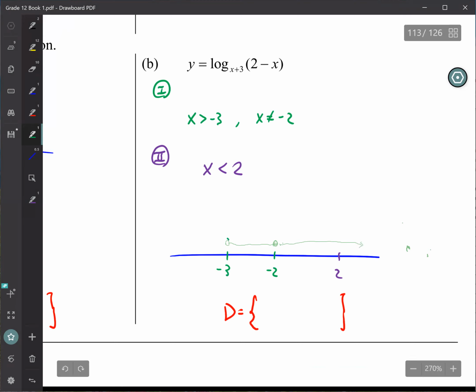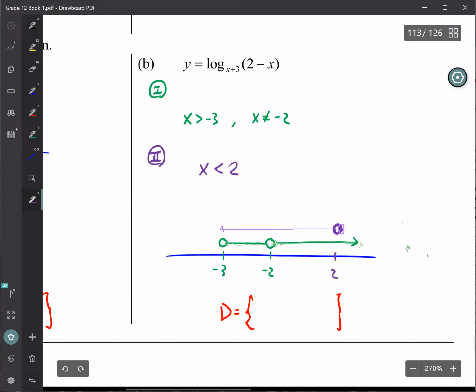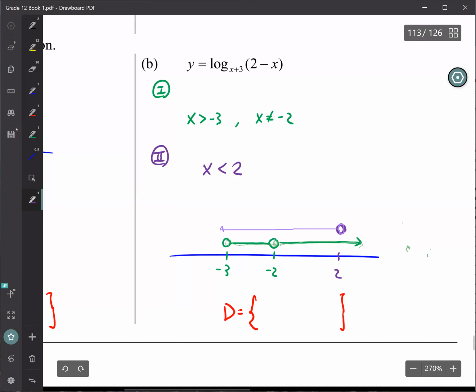Okay, so that's a green one. All right, and then the purple one. Ray, could you draw the purple one? Okay, very good. Thank you. So purple goes from here, going to the left side. Okay, so the shaded part will be everywhere they overlap, right?